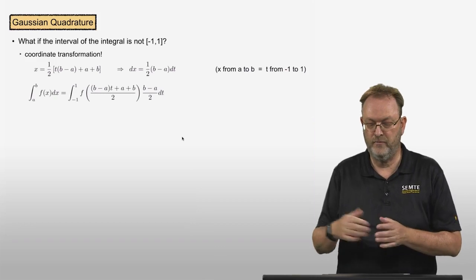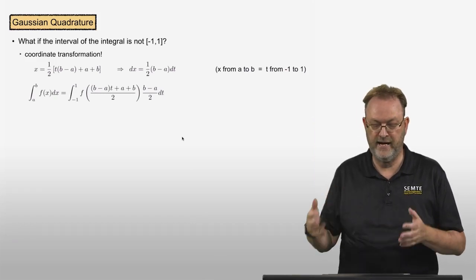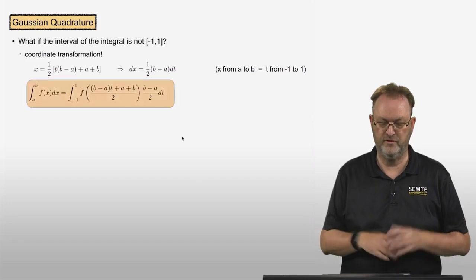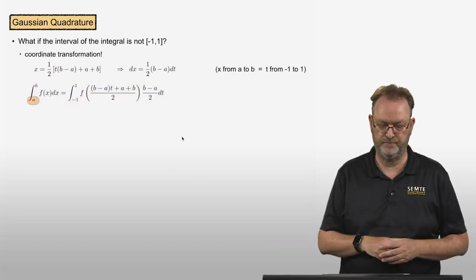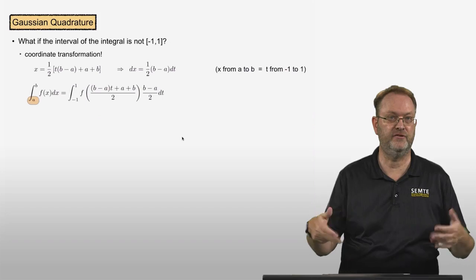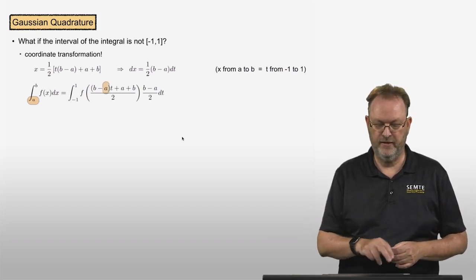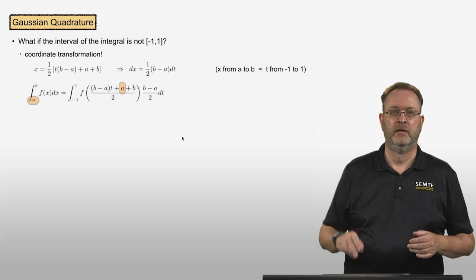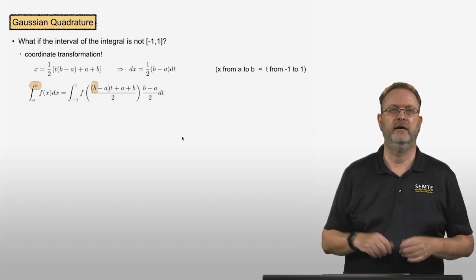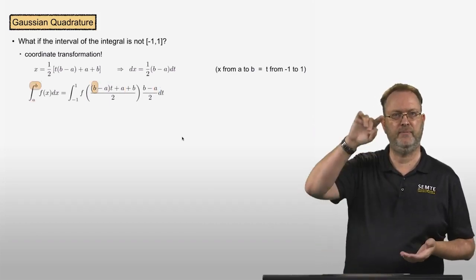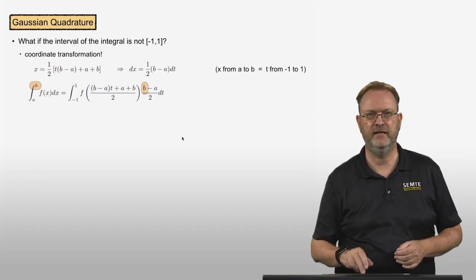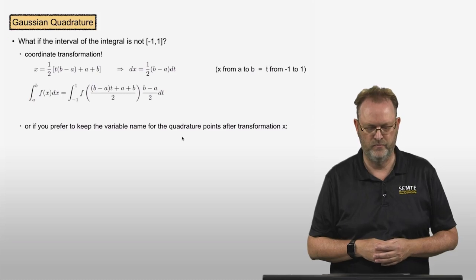And then from the dx, we'll get the factor 1/2 times b minus a. Okay, so that would be the formula to use. You'll see that the a from the integral's lower bound appears in the formula here and there at the end, and the upper bound b appears in the formula here, here, and here at 3 individual spots.